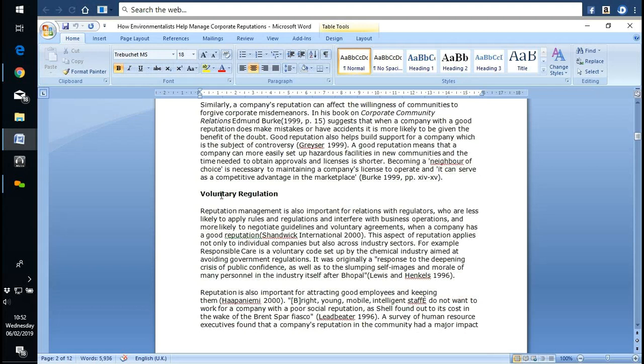Things like voluntary regulation or reputation management is supported by important relations with regulators who are likely to apply rules and regulations that interfere with business operations, but they're more likely to negotiate guidelines and voluntary agreements when a company has a good reputation.